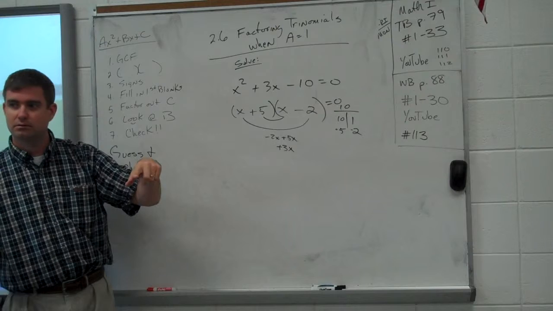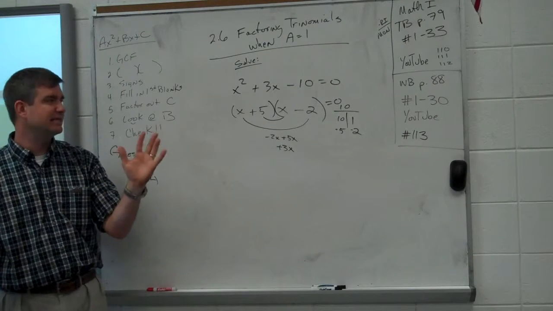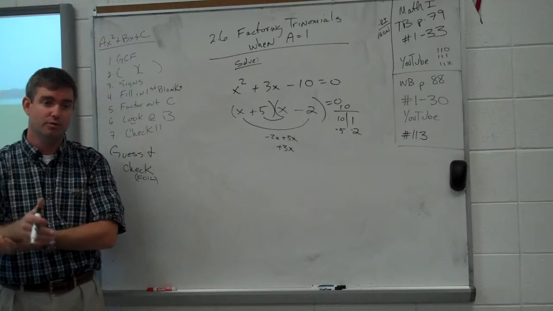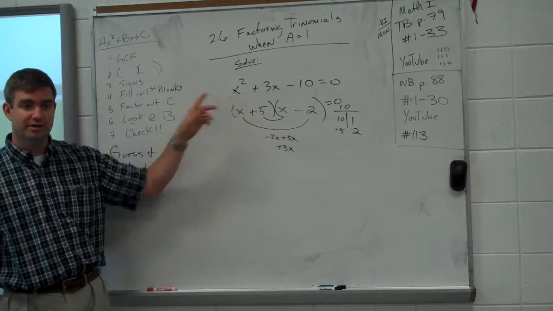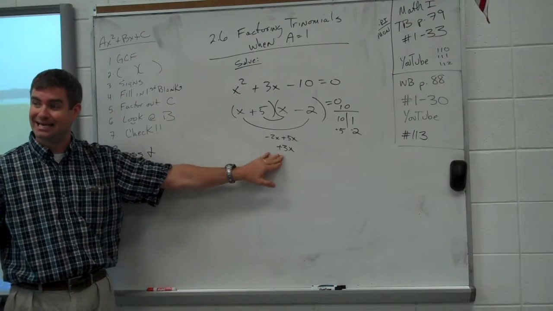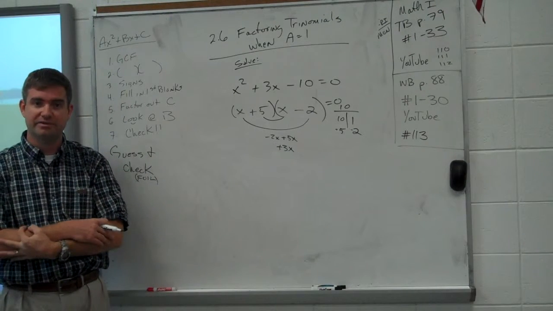I would rather you just swap the signs. It's going to help you when this is not 1. If you're really close and the only thing wrong is the sign, just change your signs. That's kind of intuitive.